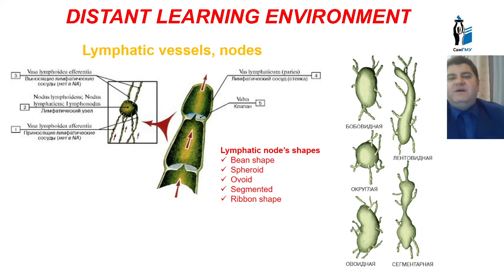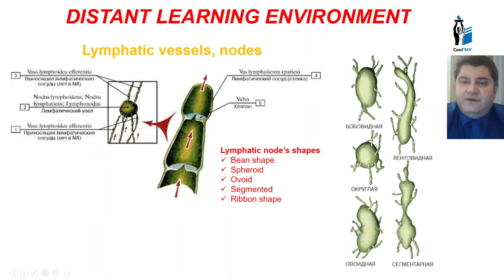A lymphatic node is a parenchymatous organ, and it contains stroma, the soft skeleton of the lymphatic node, and parenchyma, the working part of this node. And so you may see the main shapes of lymphatic nodes. You may see the bean shape of a node here.